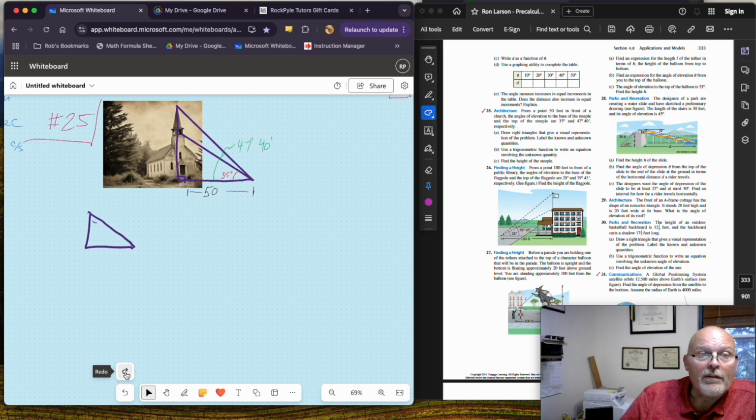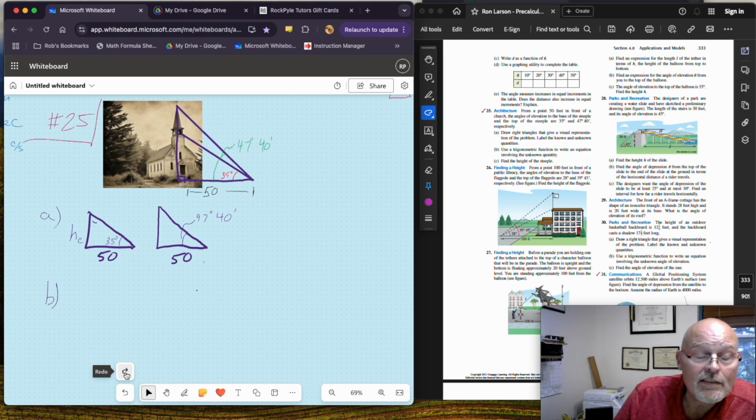So first thing we want to do is draw the two triangles. So we're just going to separate them. And that should be part A. Part B, we're supposed to find the height of the steeple. So I'm going to define my two heights, the height of the church and the height of the steeple, and I'm going to find them both. So the height of the church, what do I have?